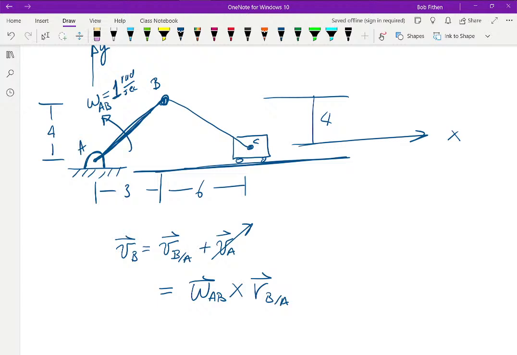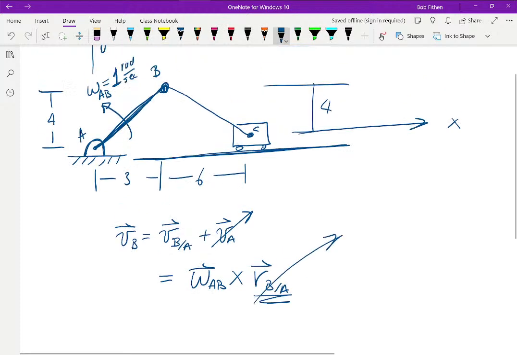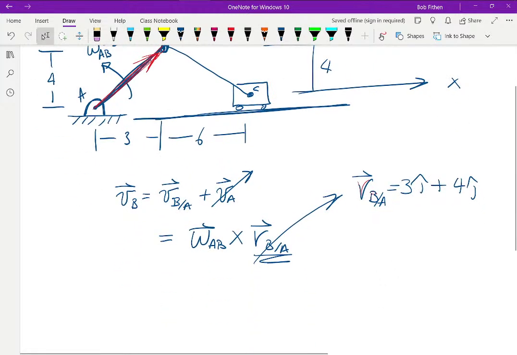So what is R_AB? I mean, what is this term? Well, if you just look at it, it's pretty simple to figure out. It's a vector that goes here. So R of B relative to A is nothing more than 3i plus 4j. That's it.